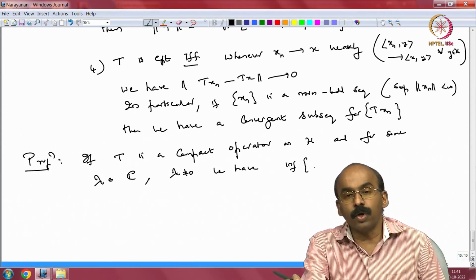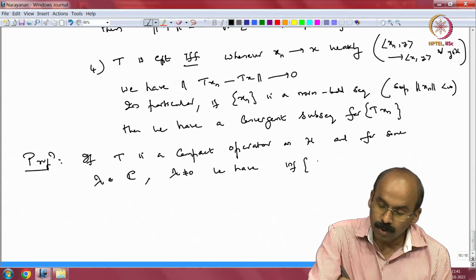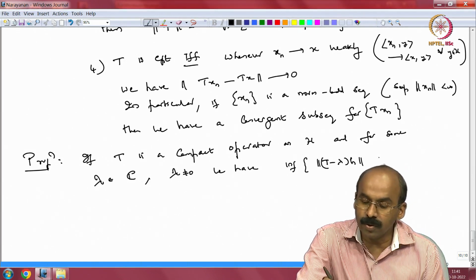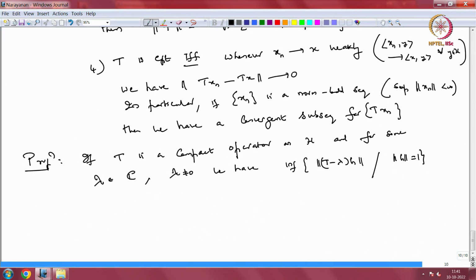So, this is going to be a condition to say that lambda is an eigenvalue. Okay. So, the norm of T minus lambda acting on h, where h runs on the unit sphere, norm h equal to 1, is equal to 0. Okay. So, what is that saying? T minus lambda acting on the vector h, right. So, where is h? h is running on the unit sphere in the Hilbert space H, right.